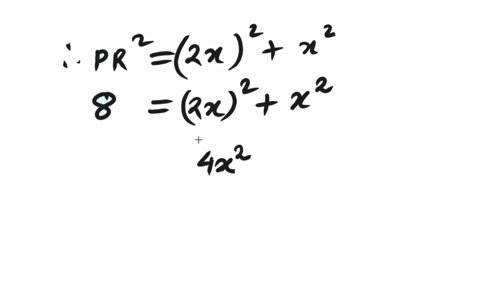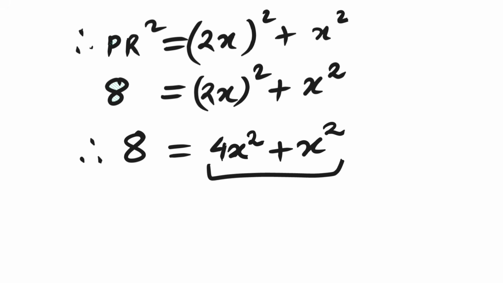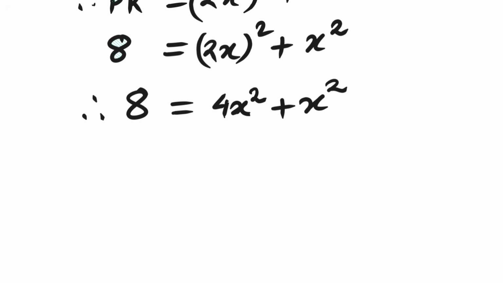Multiplying those factors gives 4x squared. Therefore, our equation becomes 8 equals 4x squared plus x squared. Now, we combine the like terms. 4x squared plus 1x squared gives 5x squared. So we have 8 equals 5x squared.